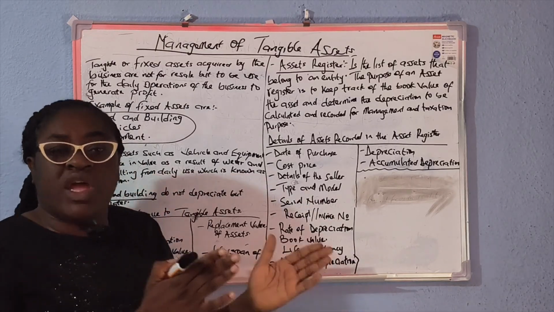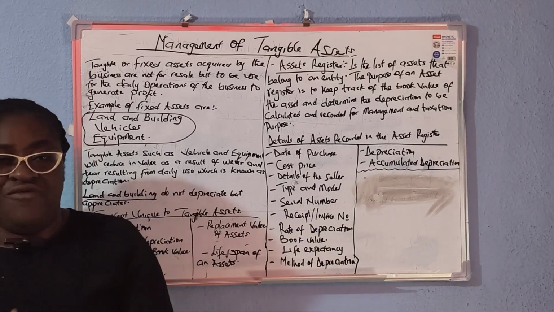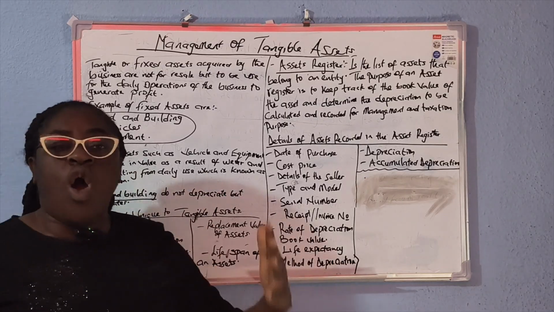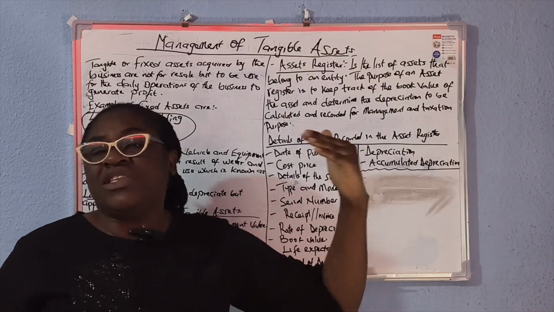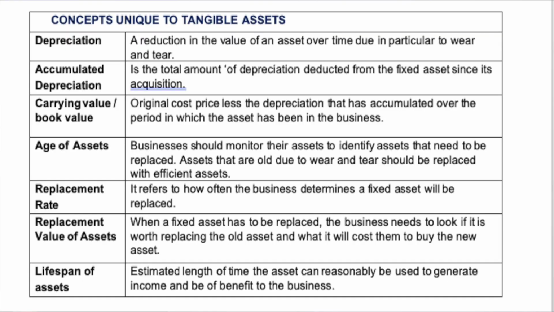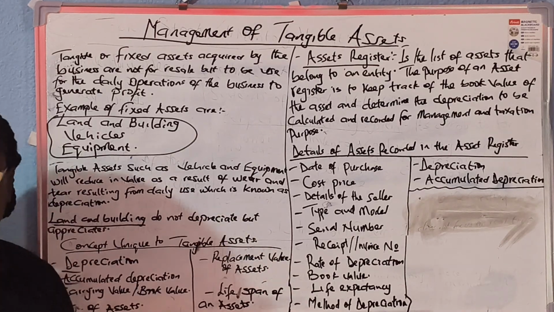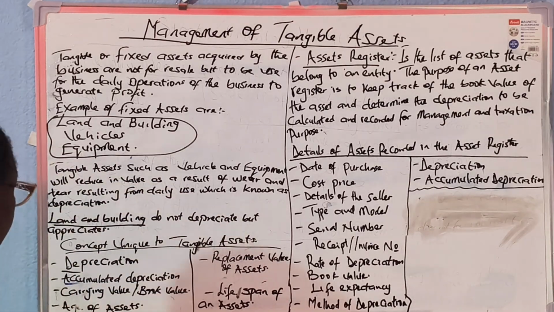And again, from 2019 to 2020, the asset keeps reducing in value. Now, when I add all the amounts of my depreciation together, then we say the depreciation is accumulating. So accumulated depreciation is the total amount of depreciation of an asset from the time it was acquired till date.